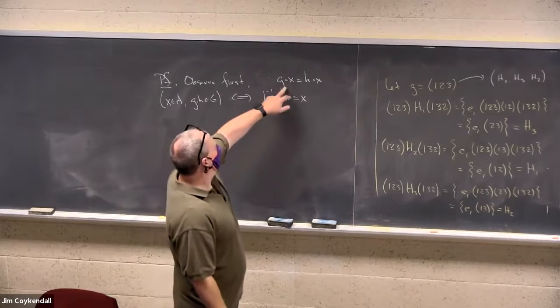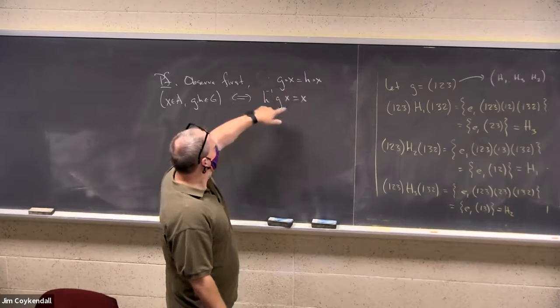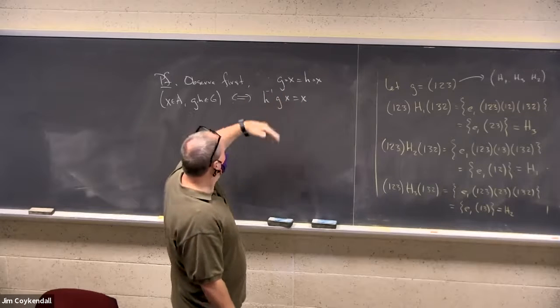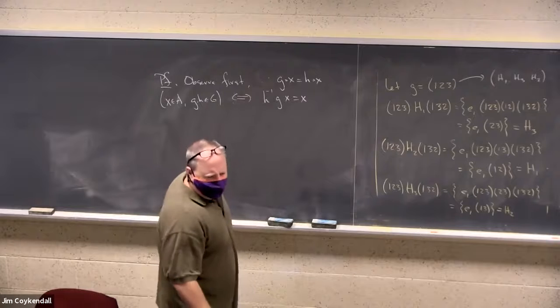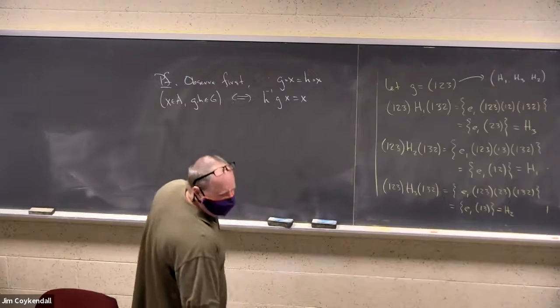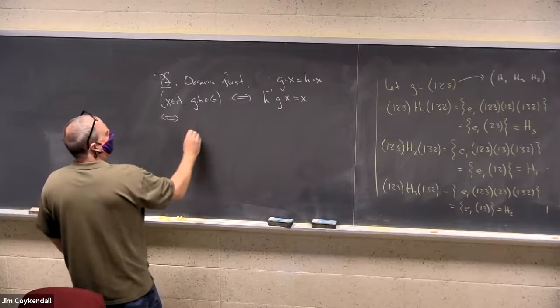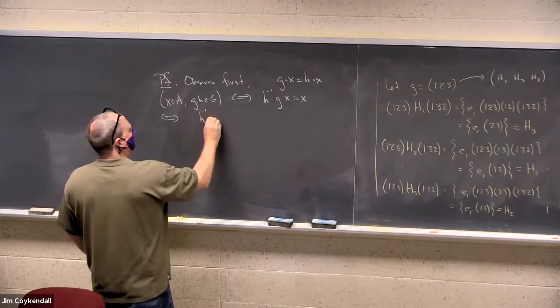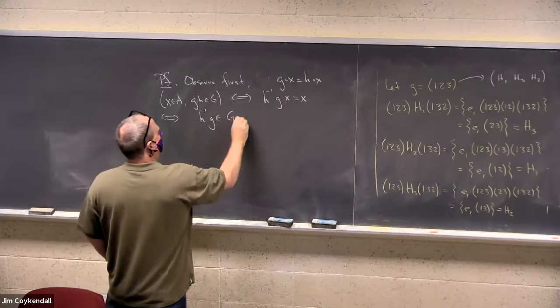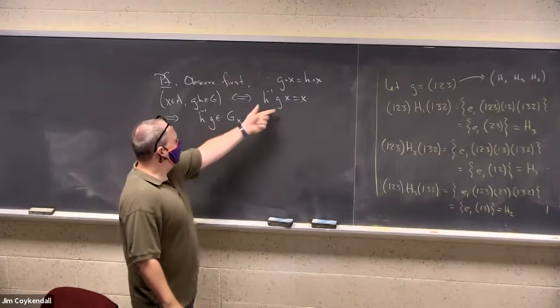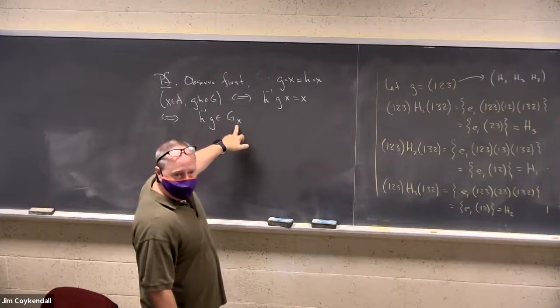Because g operating on x is h operating on x, and that means that h inverse g operating on x is x, and it works the other way. And this is equivalent to saying that h inverse g is in the stabilizer of x.